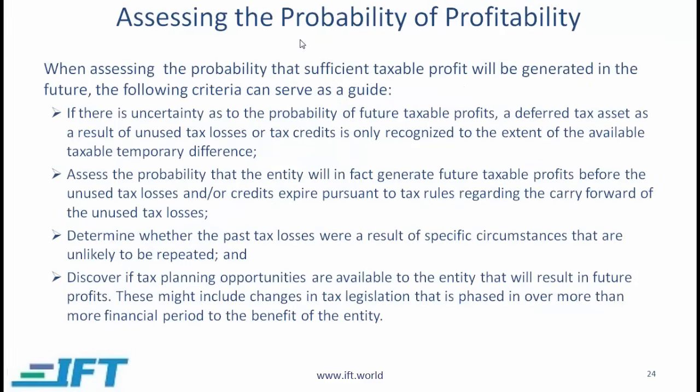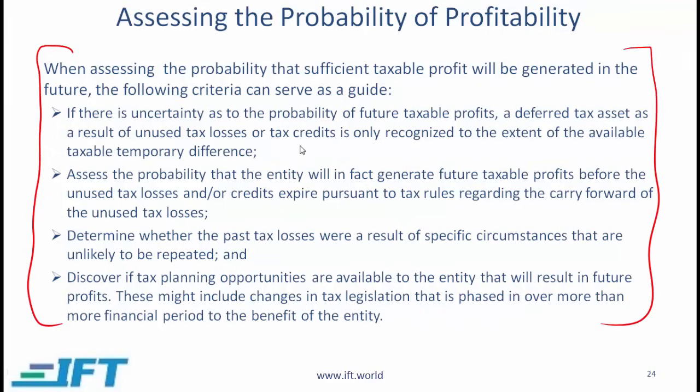As you have probably gathered, we need to assess whether we will have profits in the future so as to determine whether or not we can recognize our tax loss carry forwards or tax credits. In other words, we need to know whether those tax loss carry forwards and tax credits are going to give us any benefit. And I'm not going to read this, but you can. Here are some general guidelines when assessing the probability that sufficient taxable profit will be generated in the future.